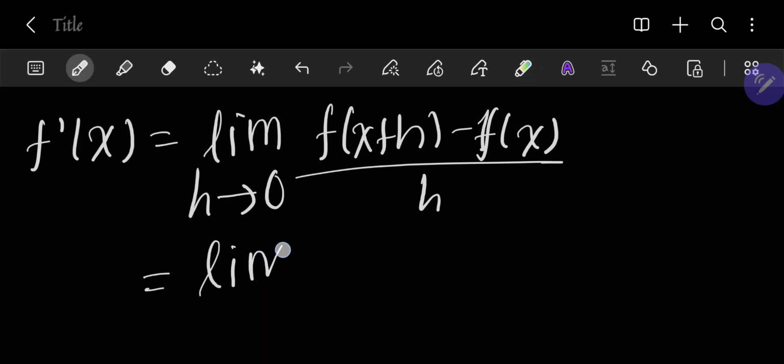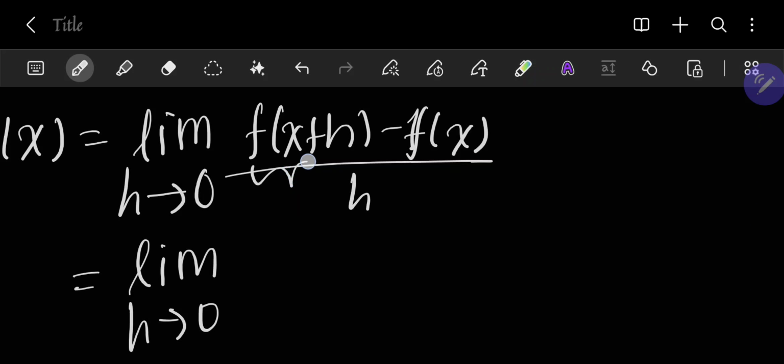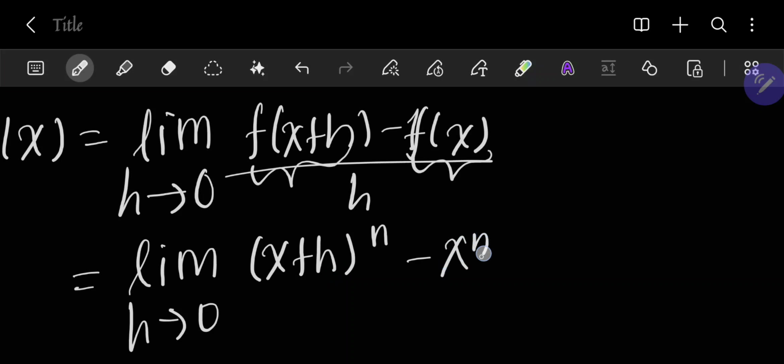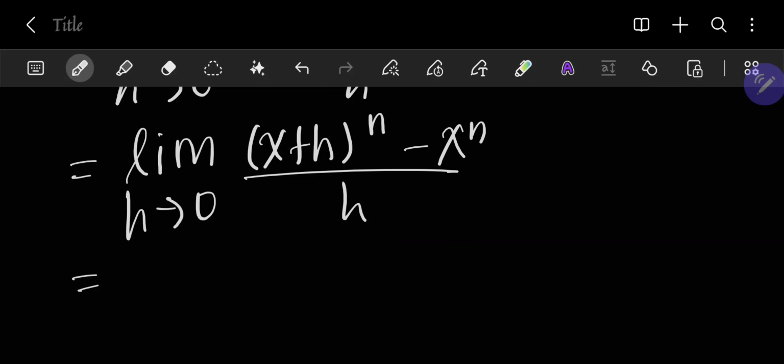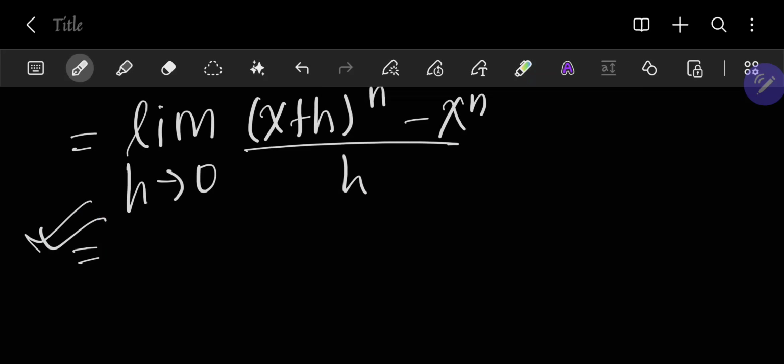Now, this is equal to, so f of x plus h is just (x plus h) power n minus, and this term is just x power n, over h. Now, this is going to be a very crucial step right here.